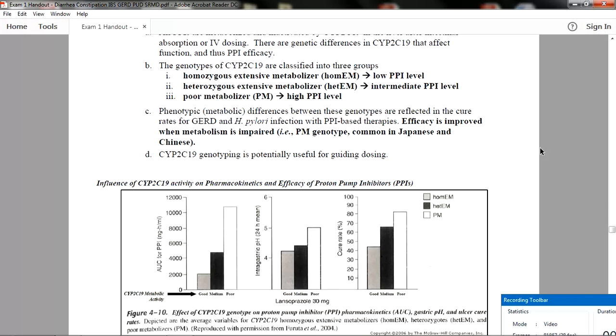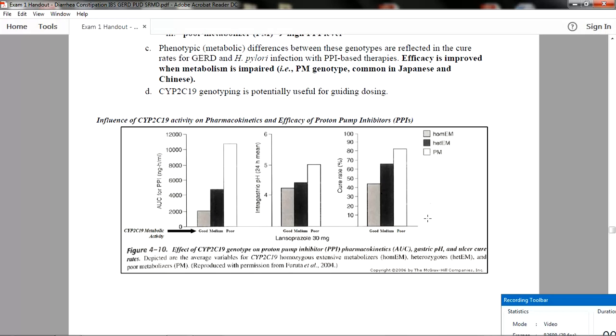For the most part, the literature has taken the perspective of efficacy, not as much toxicity. If you give 100 people the same dose and 50% of them have poor metabolism, that 50% will have a higher blood concentration, and there's evidence that they have higher efficacy for peptic ulcers.